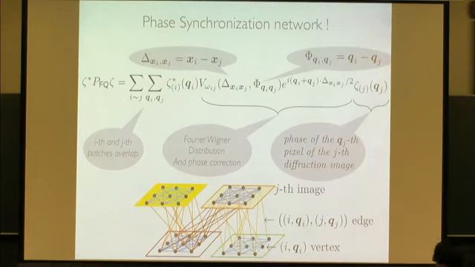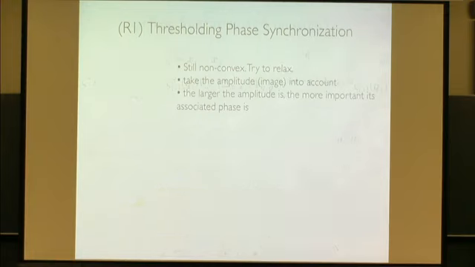We build up a graph: for each image J, and for each pixel we denote it as IQI vertex, with some edges called IQI, JQJ. So what I'm saying up to now is that I build up a network or a graph from the diffractive images. Sounds a bit weird, but it is oriented by some information derived by the FQ operator. But even though we know that there's a graph, and something looks good, still it is non-convex.